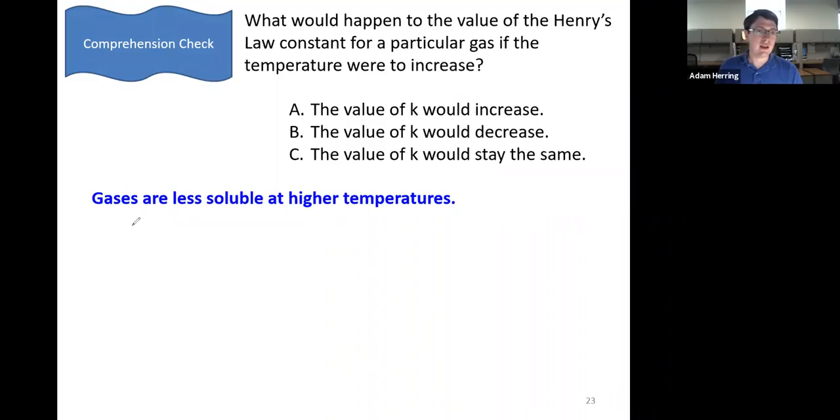So the solubility of a gas is equal to the Henry's law constant times the partial pressure of that gas. If we're in this scenario, let's keep a fixed pressure, but if the solubility goes down, then that means the Henry's law constant would also have to have gone down.